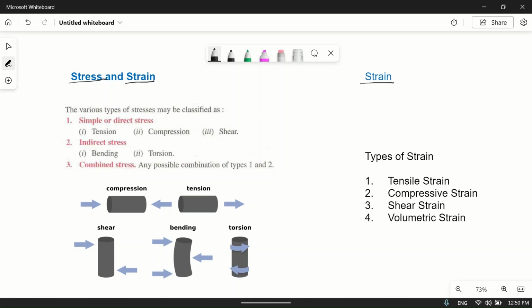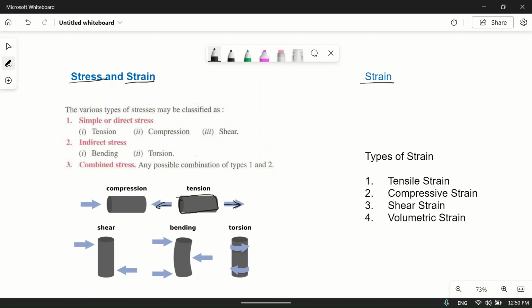So what is tension? This is a cylindrical member, and we are pulling outward. If we are pulling, then the material inside is getting elongated, or if it is not getting elongated, then it will come into tension. It will try to pull back.